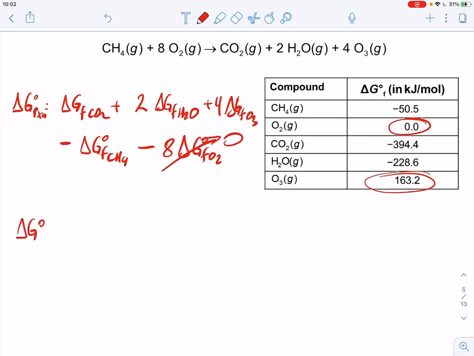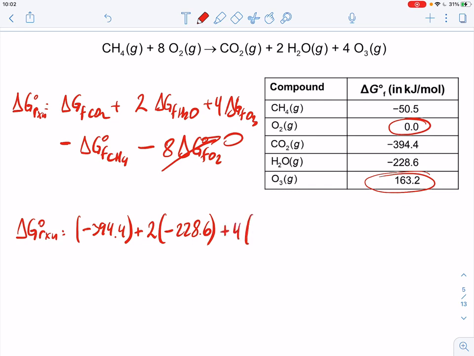Our free energy of reaction is going to be then, for CO2, minus 394.4 plus 2 times minus 228.6, and I always suggest that you keep everything in parentheses so that you can keep better track of the signs, whether positive or negative.